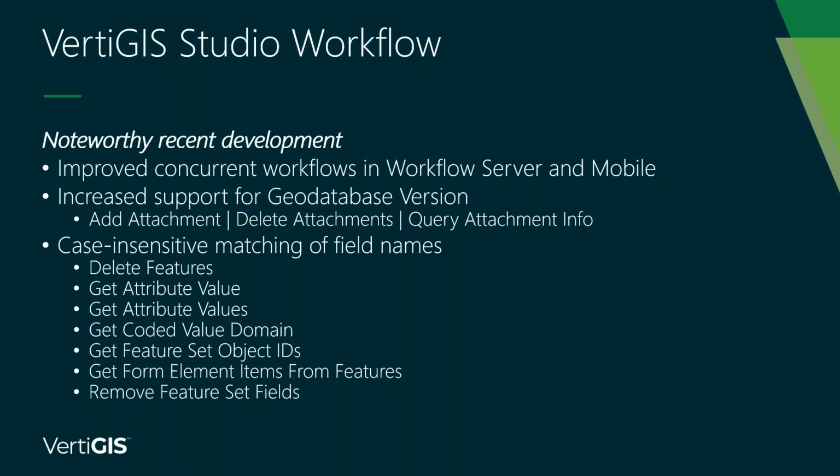And so this was causing some people to struggle building workflows that would work across these platforms. So we have tidied that up, and you can see a list there of the activities that potentially had problems before with case sensitivity that no longer do. So the main use case here is attribute field names. So those are some recent developments in Workflow.